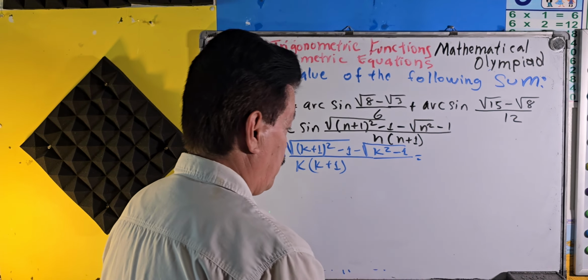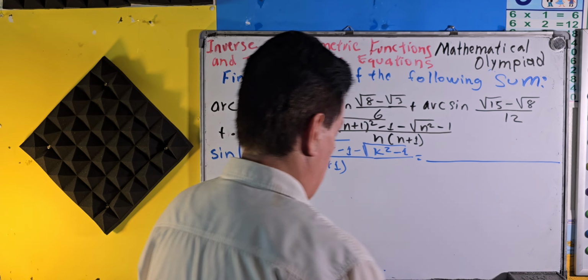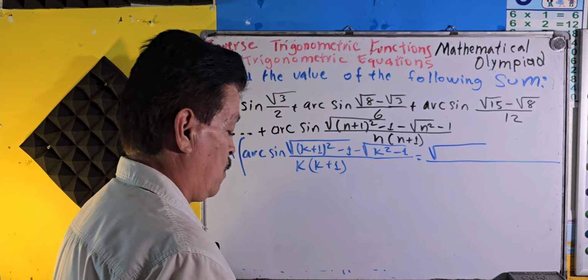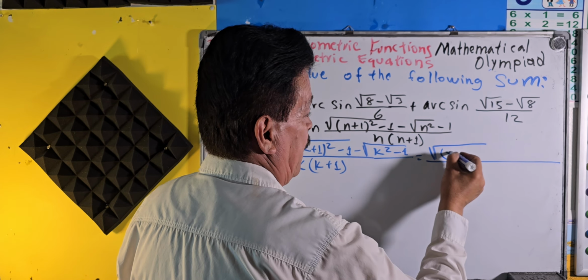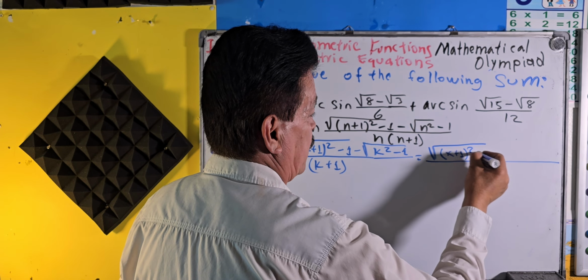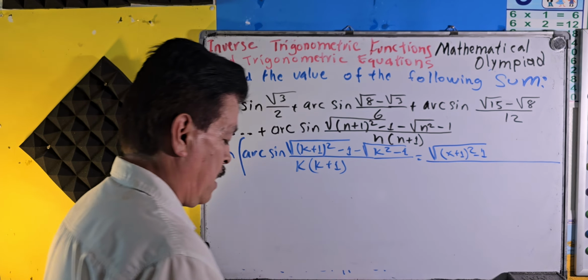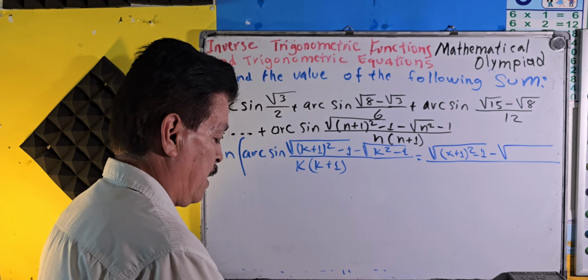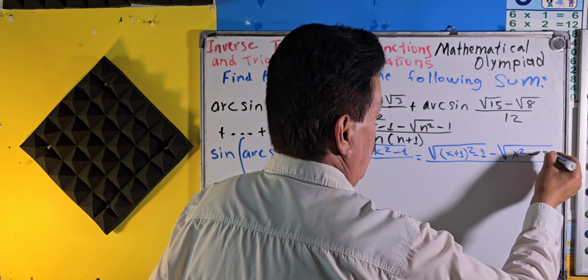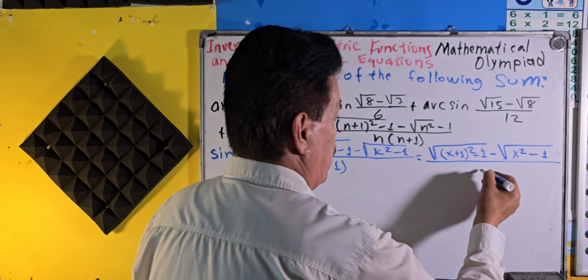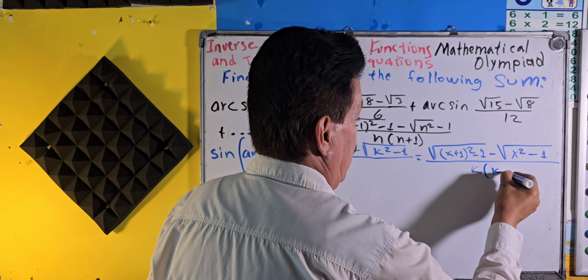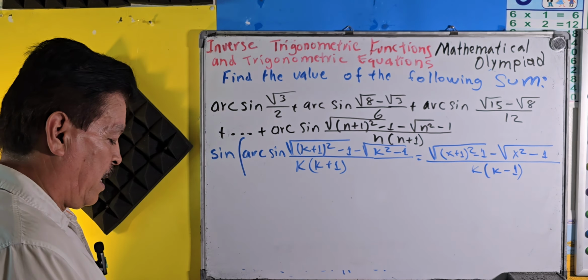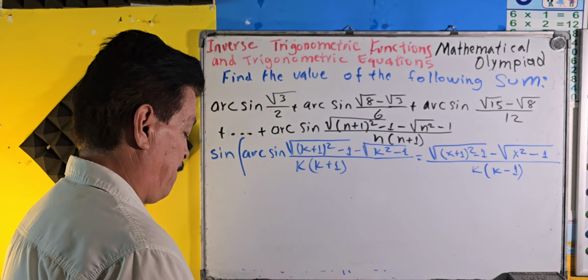It is a very large problem here. Again, we write here: the square root of x plus 1 to the second power minus 1, minus the square root of x to the second power minus 1, divided by k times k minus 1, right? That should be right.